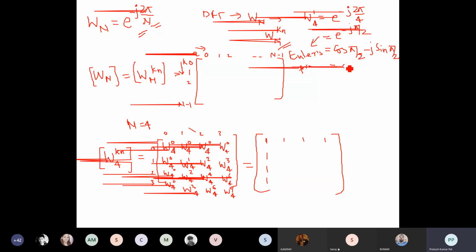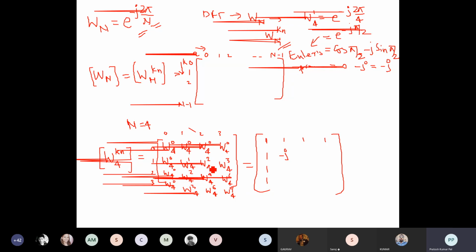So that will be equal to 0 minus j, that means e to the power minus j pi by 2, or W4 to the power 1 will be equal to minus j. ठीक है, तो W4 to the power 1 will be given by minus j. ये समझना है.